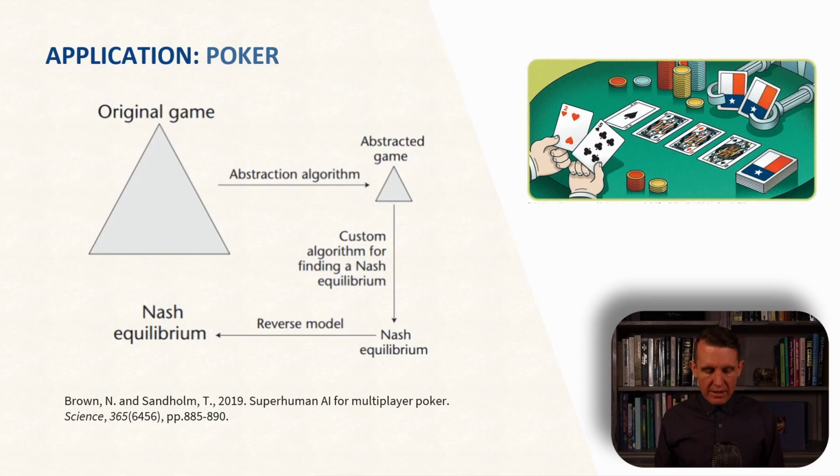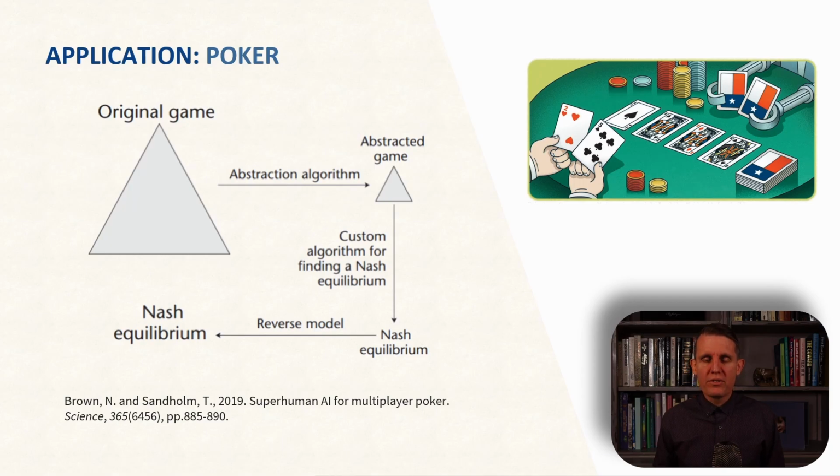What was interesting about this application is the way they used abstraction to solve the game. So when they took their original game, and this triangle here represents, for example, the game tree that they would have to solve, it was far too big to solve using something like backward induction. What they used was an abstraction algorithm that reduced it down to a smaller game.